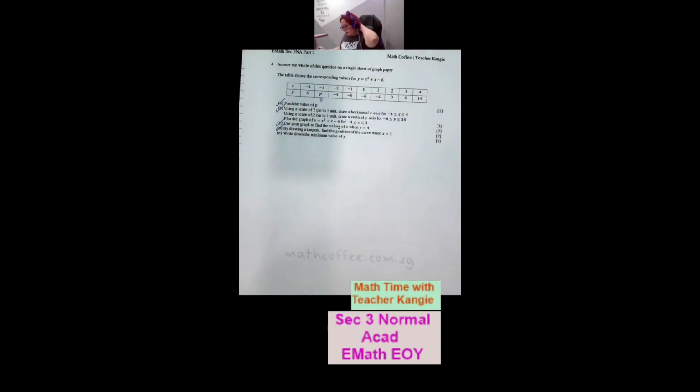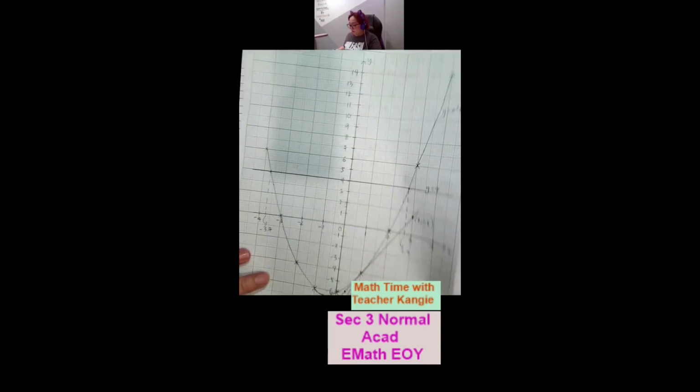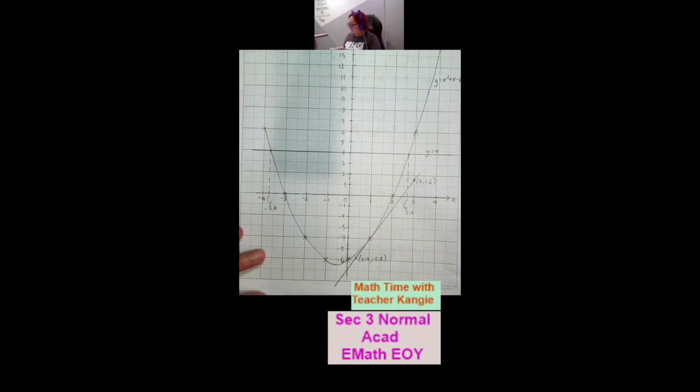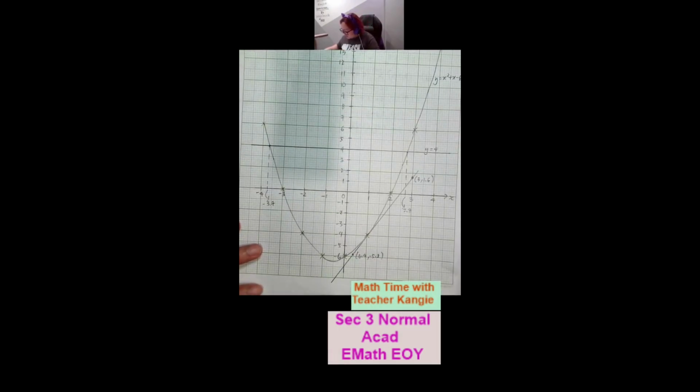Next, they ask, write down the minimum value of the y. Remember just now we have the minimum point here. Our minimum y will be in the middle here, correct? Because you can see that this is the minimum, so it will be right here.